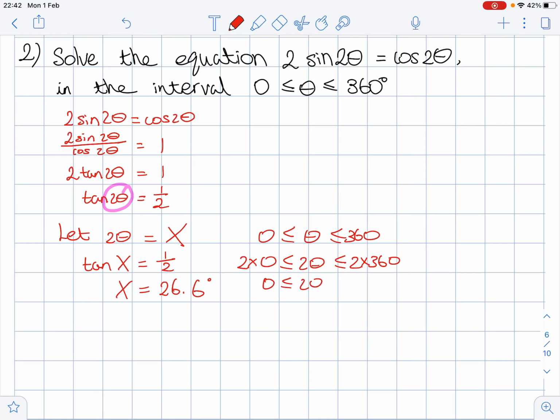Therefore, the values for 2 theta are between 0 and 720. And remember, 2 theta is the same as your x. So we need to find all the values for x between 0 and 720. So let's do a quick sketch of a tan curve.